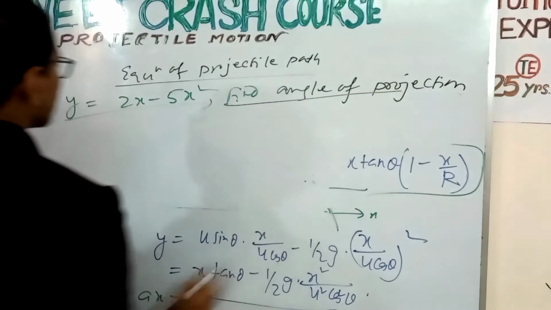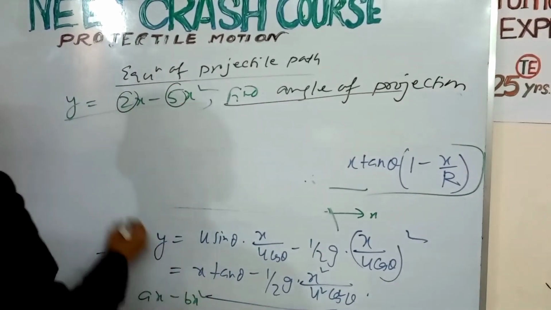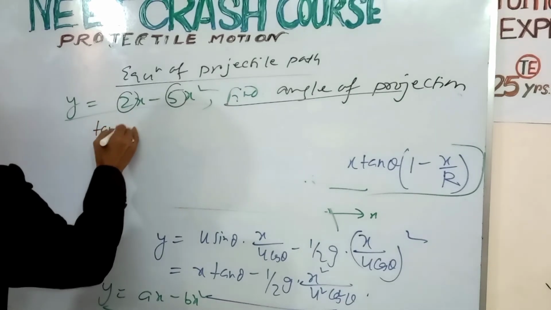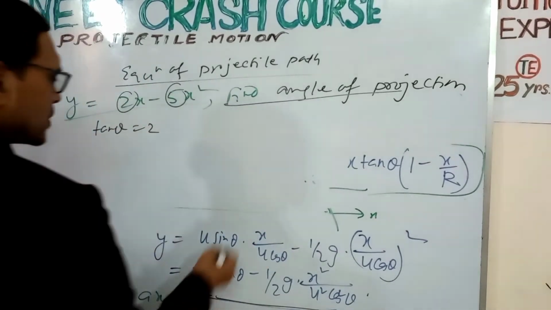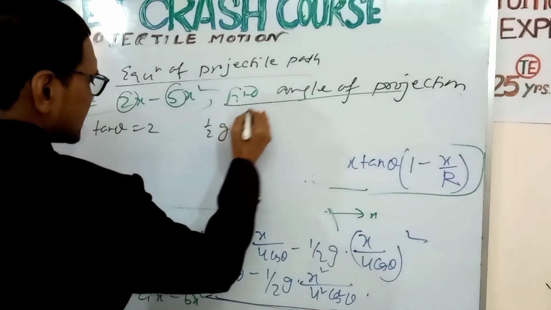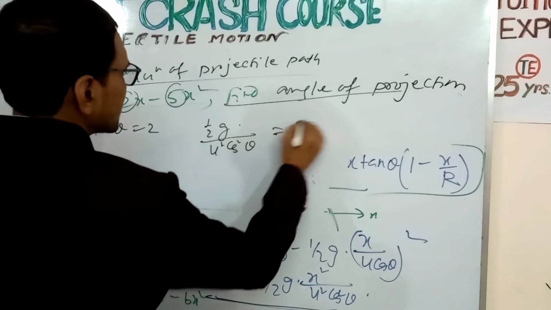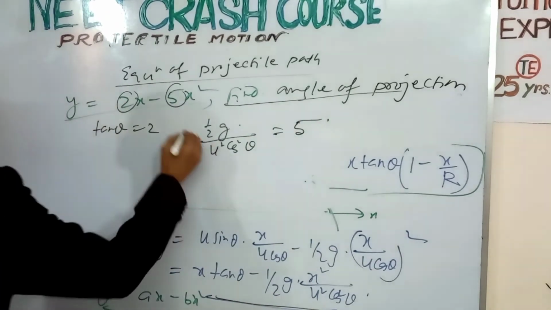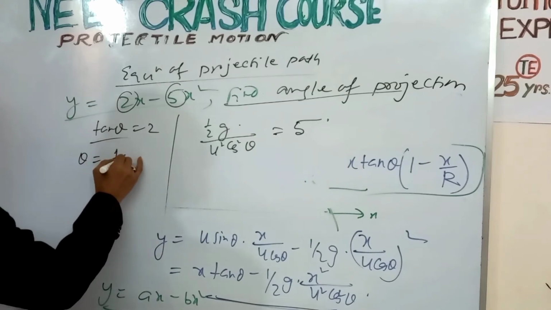Find the angle of projection. So we have to consider this and this, that is x tan theta equal to 2x. If we compare this with this, tan theta equal to 2 and half g by u square cos square theta equal to 5. So we have to consider this. Now tan theta equal to 2, so theta equal to tan inverse 2.